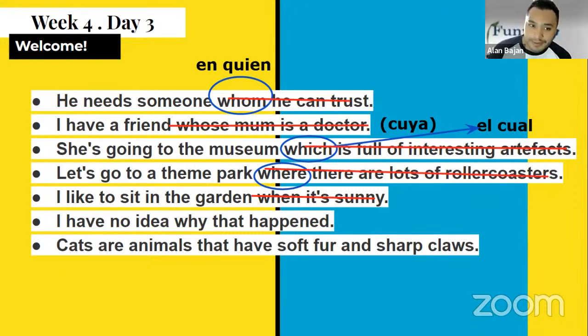You know what it means? Nos ayuda a hacer la diferencia entre todos los amigos. I have a friend whose mom is a doctor. So I'm specifying that between all my friends, I am talking about the one whose mom is a doctor.